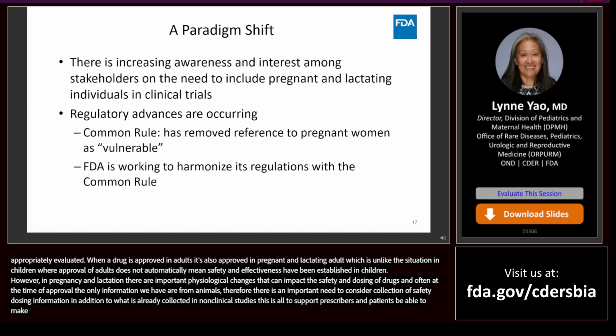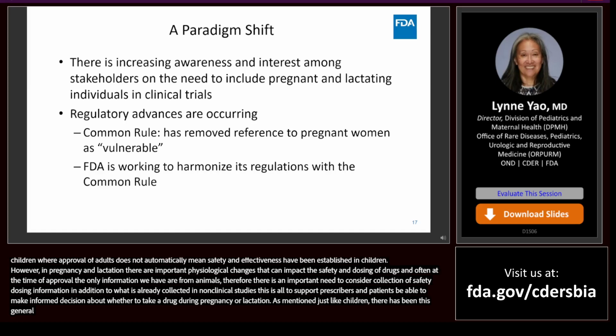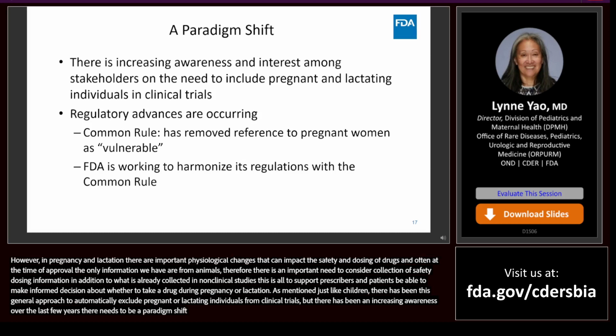As I mentioned, just like children, there has been this general approach to automatically exclude pregnant or lactating individuals from clinical trials. But there's been an increasing awareness over the last few years that there needs to be a paradigm shift, and that there are interested stakeholders and advocates that recognize that pregnant and lactating individuals can be safely included in clinical trials under certain circumstances.